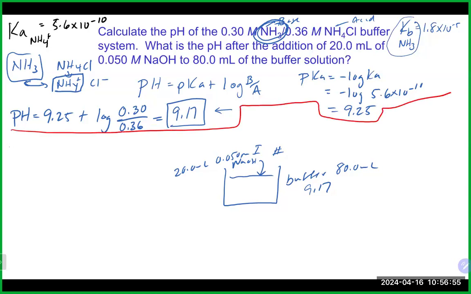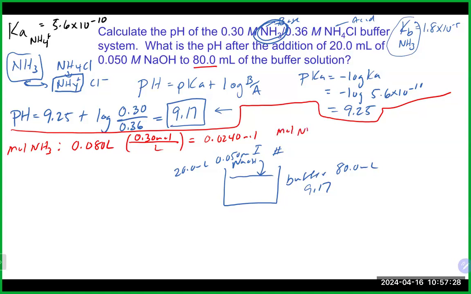So if we go with our moles of NH3, we're going to convert our volume of our buffer, which is 80 milliliters. So that's going to be 0.08 liters. We're going to times it by the molarity of the base part of the buffer, which is 0.3 moles per liter. And that's going to give us 0.08 times 0.3, 0.024 moles of NH3.